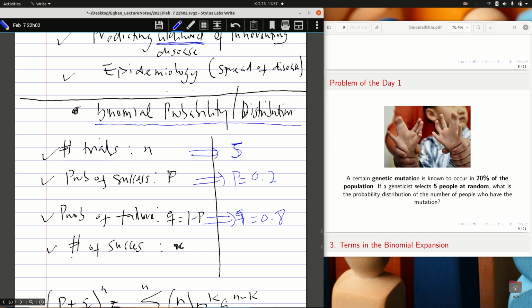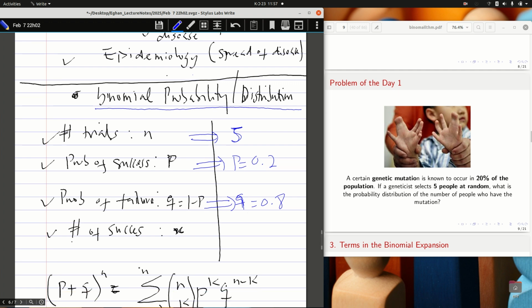The number of successes: we are looking at the probability that X people will have this mutation, the probability that no one will have it, the probability that 1 person has it, the probability that 2 people have it, in the given number 5. So what is the probability of the mutation being equal to some X number of people? I am using k equal to x. That is what we are looking for.